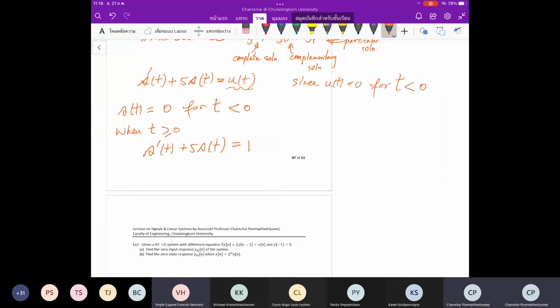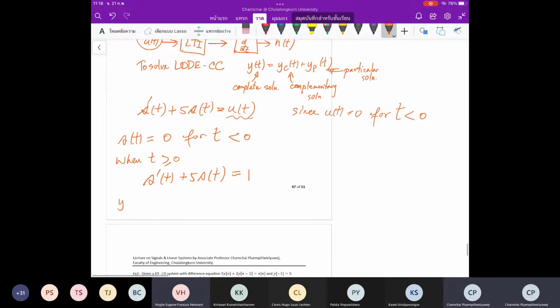Well, we find the complementary solution. The complementary solution is when the input is equal to 0.